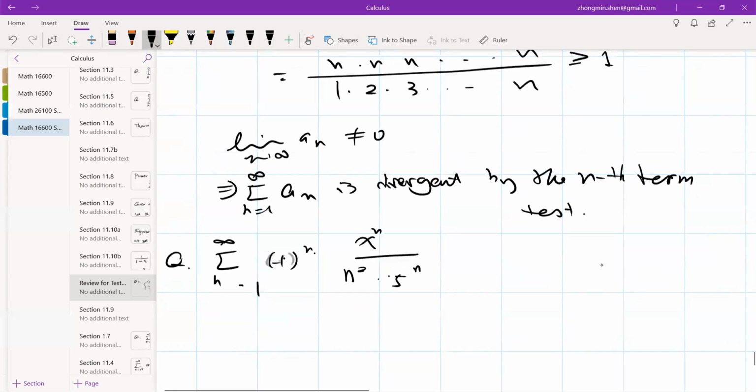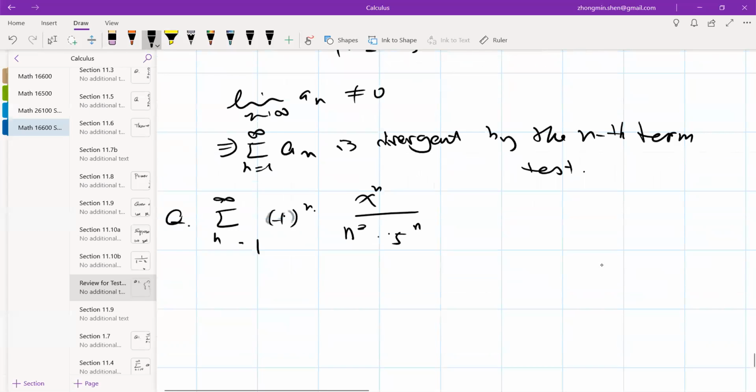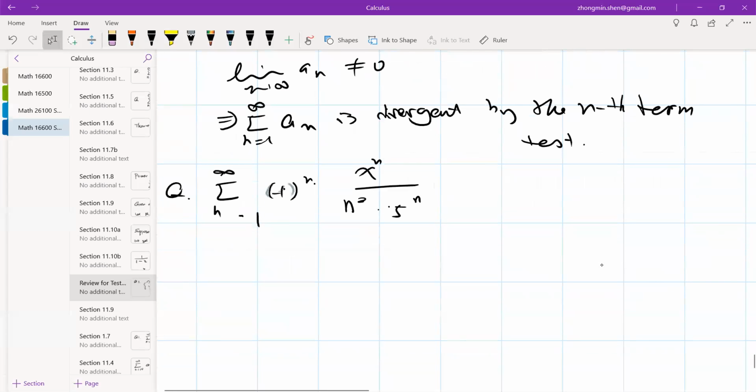But let's look at: find the radius of convergence and determine the interval of convergence.